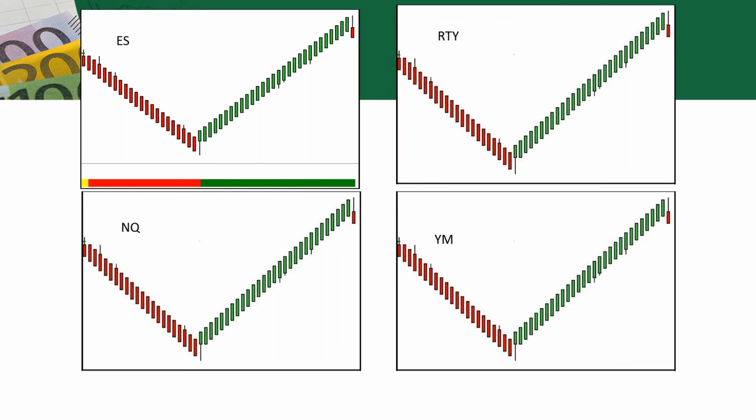You don't realize how powerful that is, all the markets going in the same direction. But another example would be, let's say you have ES going up and you have NQ going down, YM going down, and RTY going down. What do you think is going to happen to ES? It's either going to stop, consolidate, or it's just going to turn around and follow the rest of the markets.